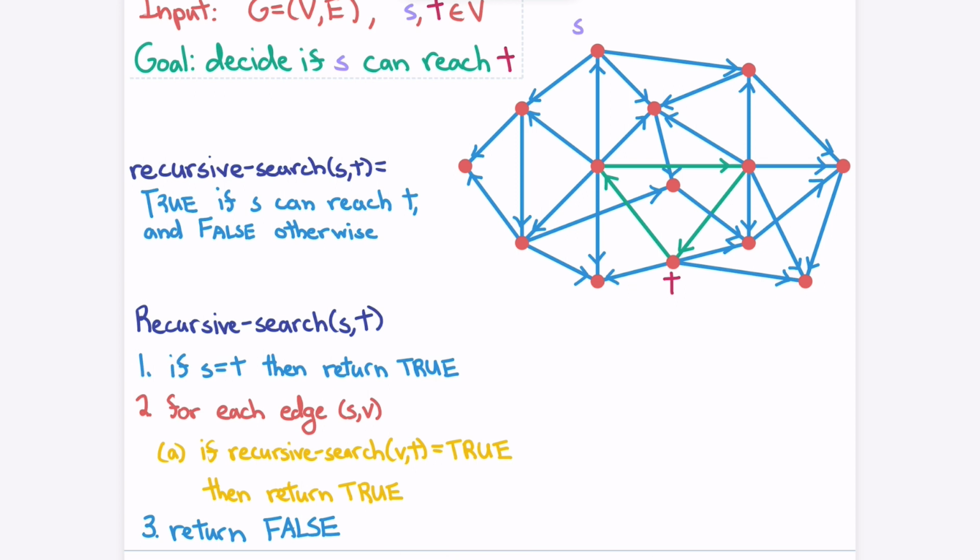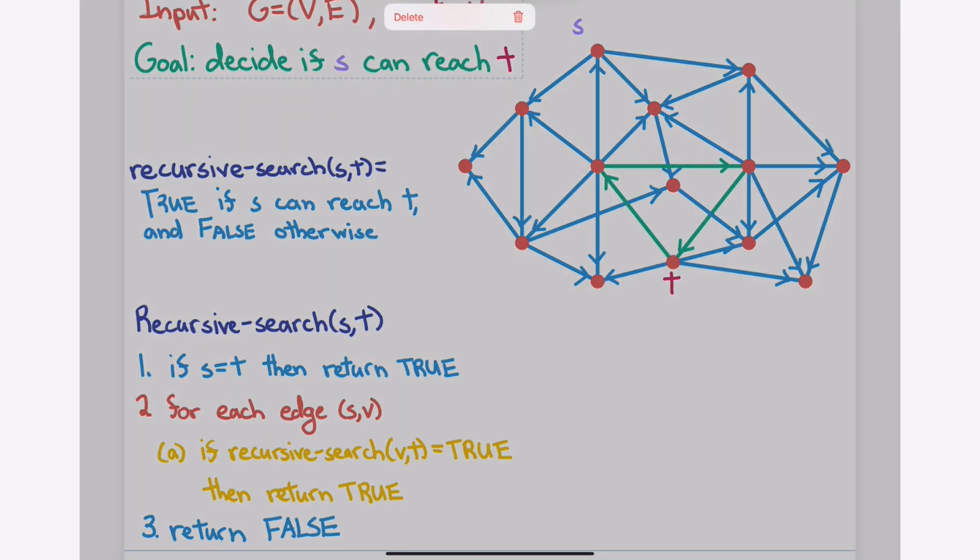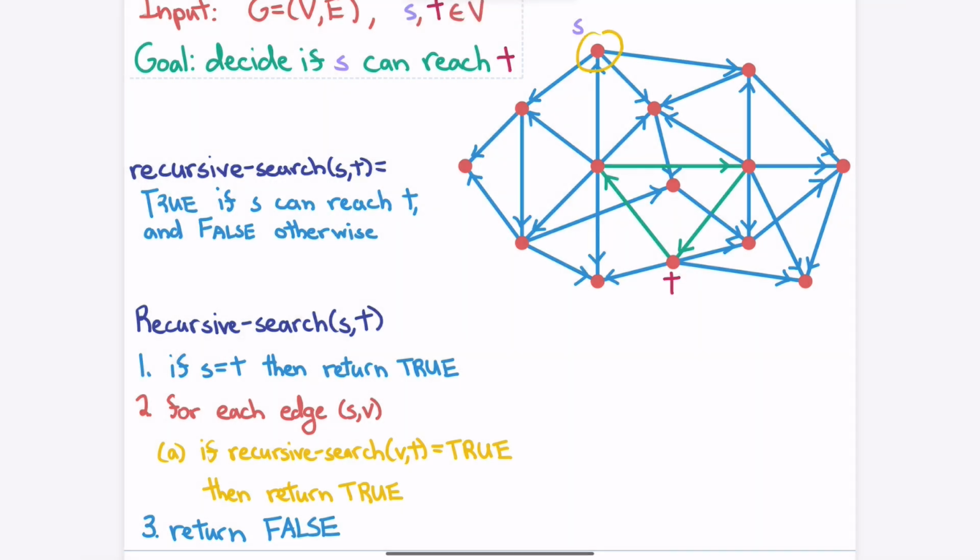Otherwise, I'll check all the edges leaving S. I want to get from S to T, and S is not equal to T, so I'll recursively call this one, and this one, and this one. And if any of those can reach T, then we should return true, right? So that follows a template of what we've been doing, but there's some issues.